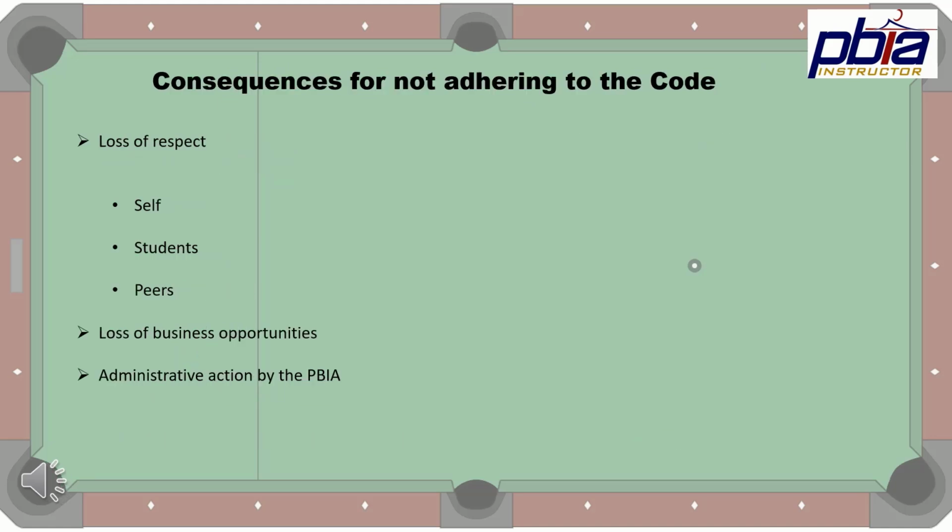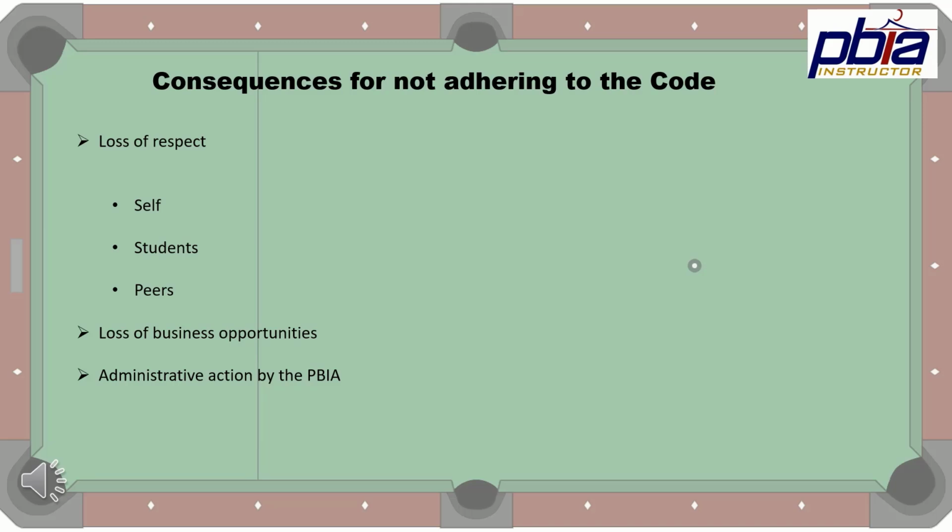Consequences for not adhering to the code involve a loss of respect. Loss of self-respect, how you feel about yourself, a loss of student respect, and a loss of respect from your peers and colleagues. When you lose this respect, you can also lose business opportunities. Students refer other clients to you based on their experience in your class.